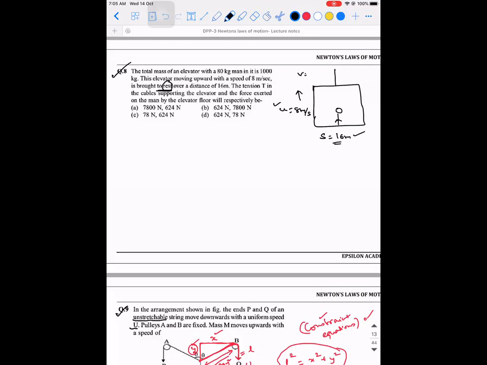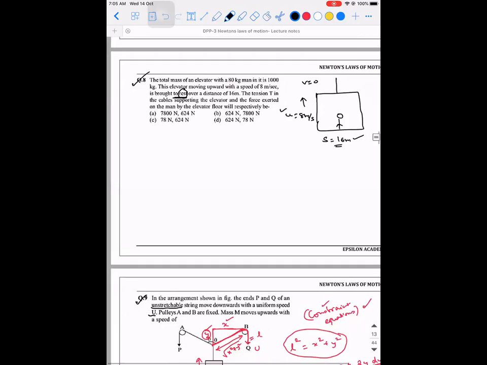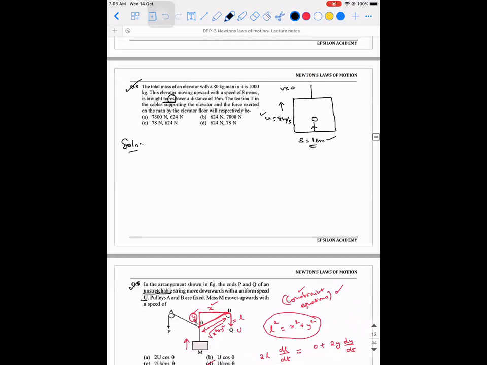Final velocity is 0. So v is equal to 0. v is there, u is there, s is there. So what is the equation that will give you the relation between all these three? So v, u and s, which equation are we supposed to apply? v square minus u square is equal to 2as.